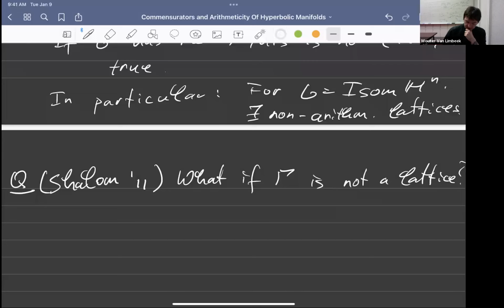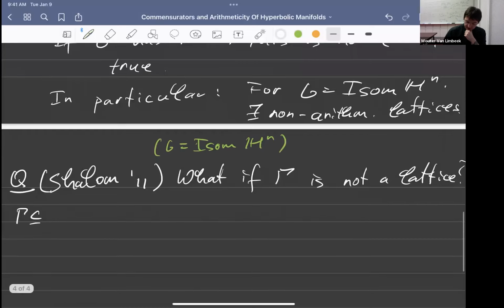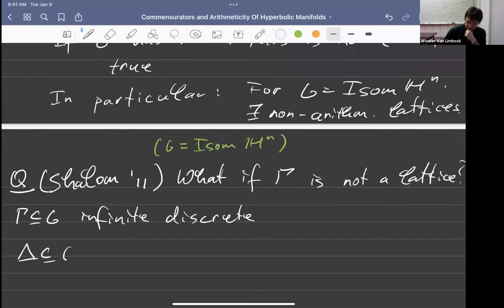Or more precisely, let me just state it for G the isometries of Hn because it's slightly simpler. Is it true that if gamma is any infinite discrete group, and delta is dense, then gamma is arithmetic?